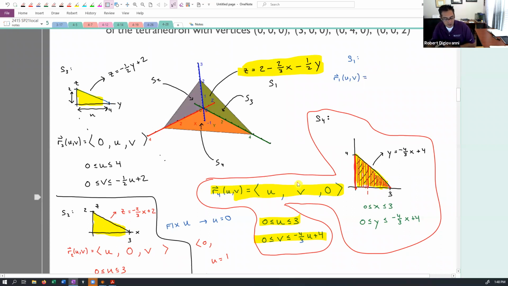In terms of the x and the y components, they must look the same, and I must have the same restrictions in order to draw that. So my u is going to be my x component, my v my y component. My restrictions on u are the same. My restrictions on v are the same.